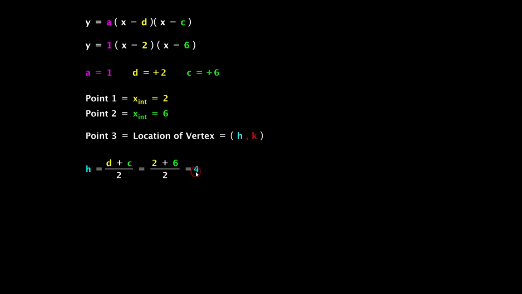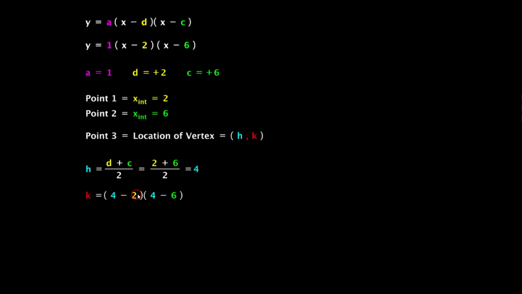When x is positive 4, what is the value of y? We get this piece of information from the equation. When x is 4, instead of x, we plug in 4. Whatever y comes out to be, that's the k value of the vertex. So all we are doing is using the equation x minus 2 times x minus 6. We don't need the 1.